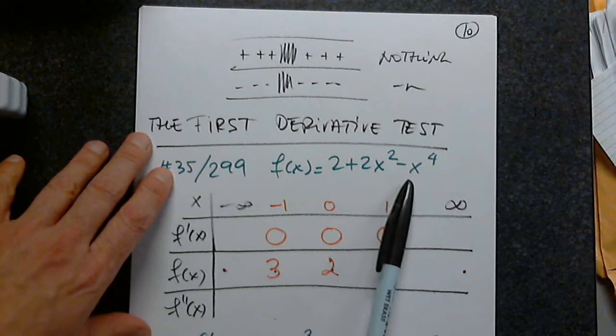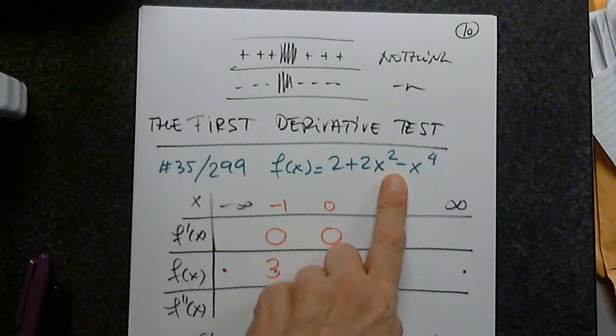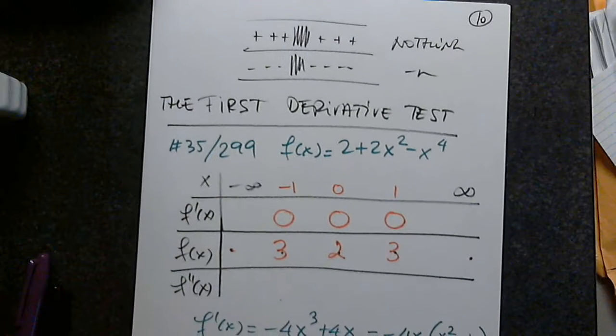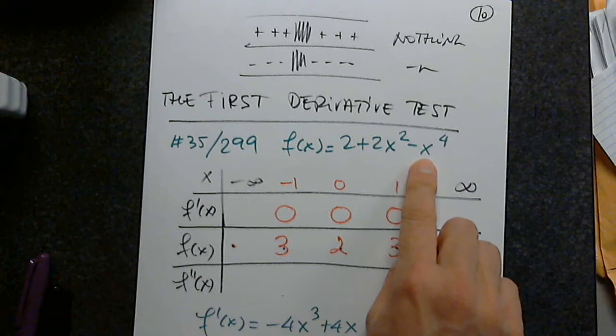Which of these three terms counts at infinities? Careful, negative x to the fourth. So when x approaches negative infinity, negative x to the fourth will dictate. Not when we talk about anything else, but only at infinities, this is the one that dictates.